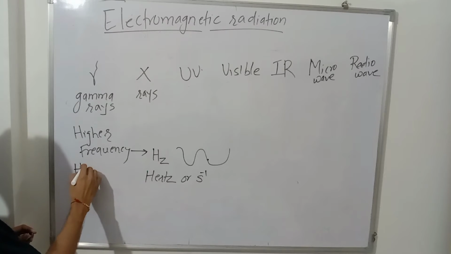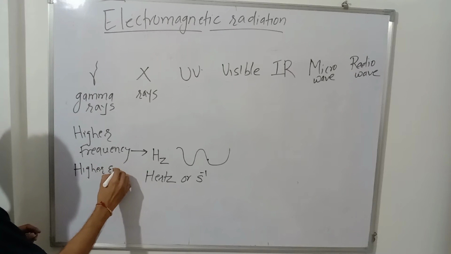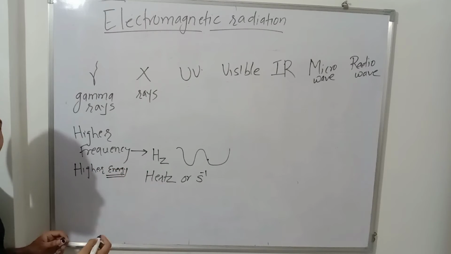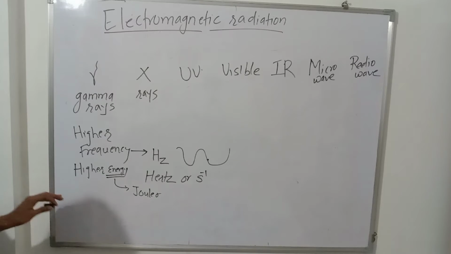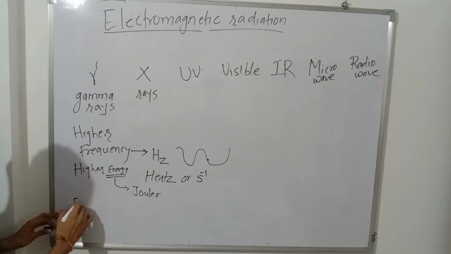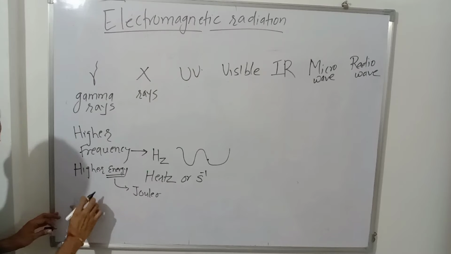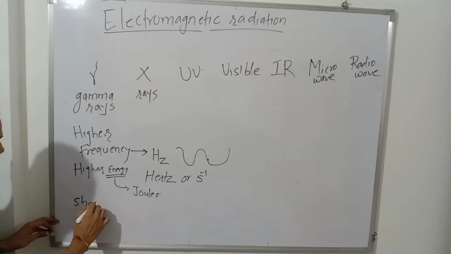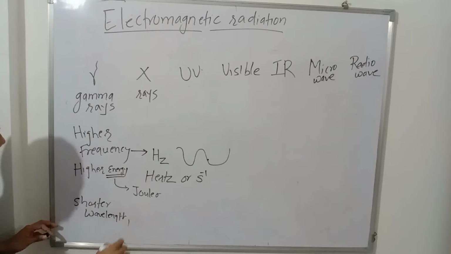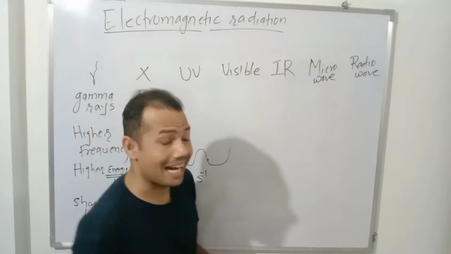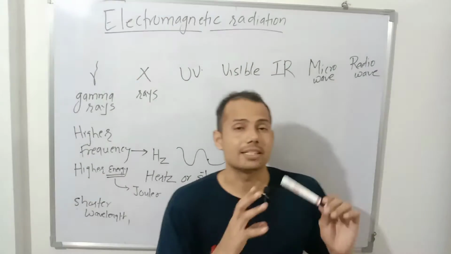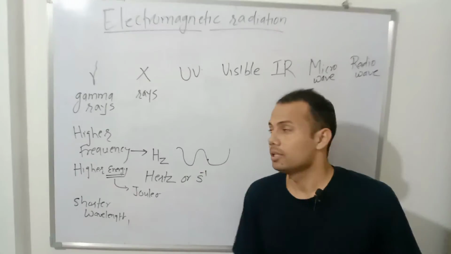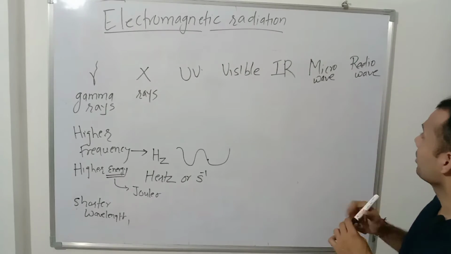Gamma rays have a higher frequency and also a higher energy. Energy you can measure in joules. And they have a shorter wavelength. So if the radiation has a higher frequency and higher energy, it will have a shorter wavelength.